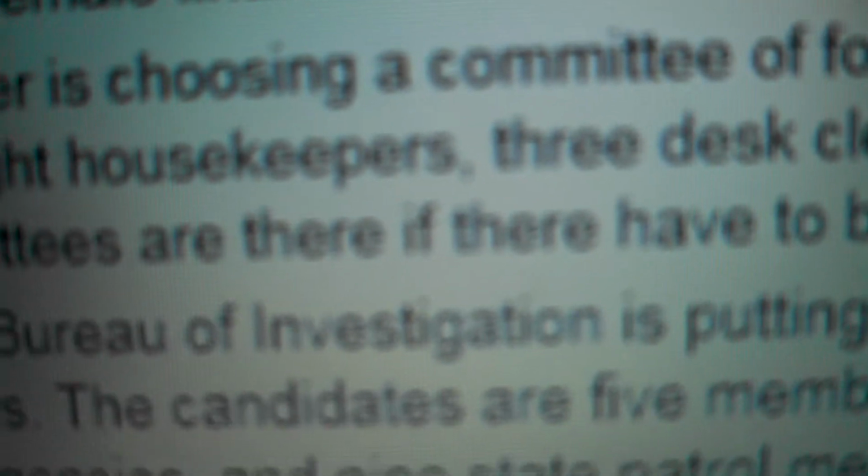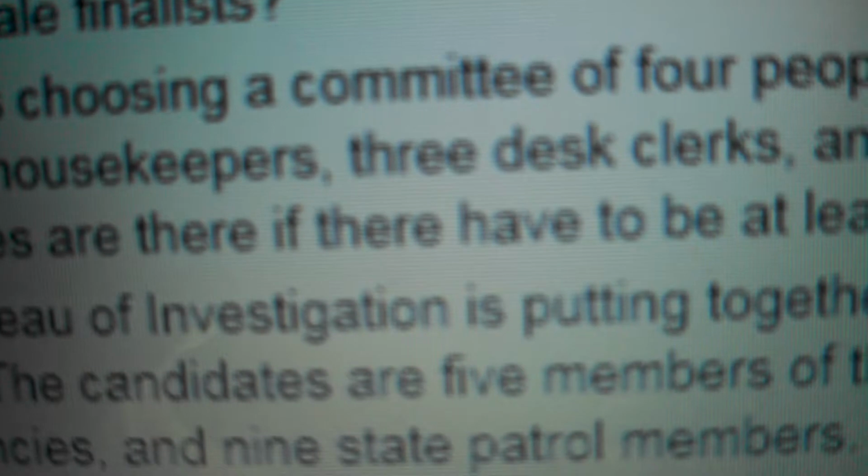How many possible committees are there if there have to be at least 2 housekeepers?